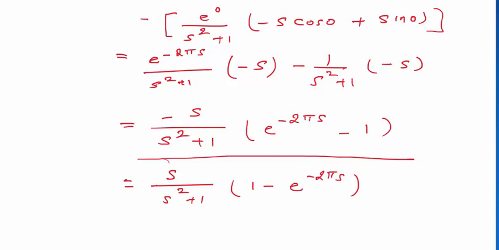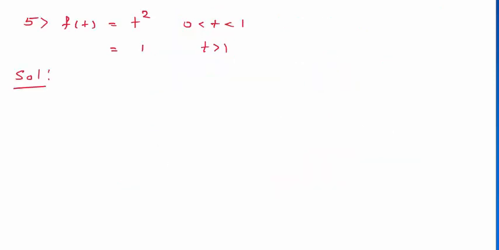Now next move to the fifth problem. f of t is t square for t between 0 and 1, and its value is 1 when t is greater than 1. So Laplace of f of t formula is integral from 0 to infinity of e raised to minus st into f of t dt.